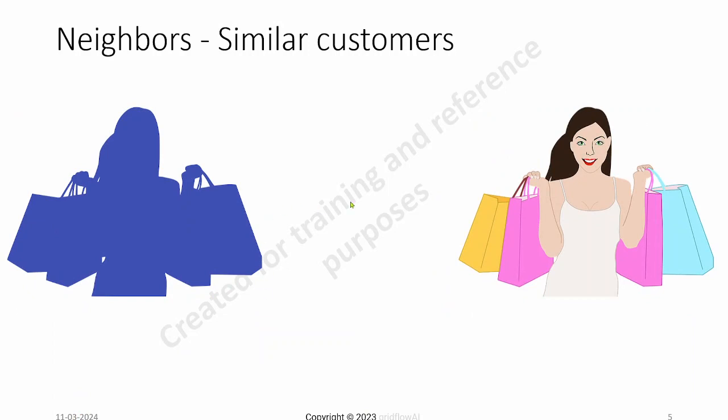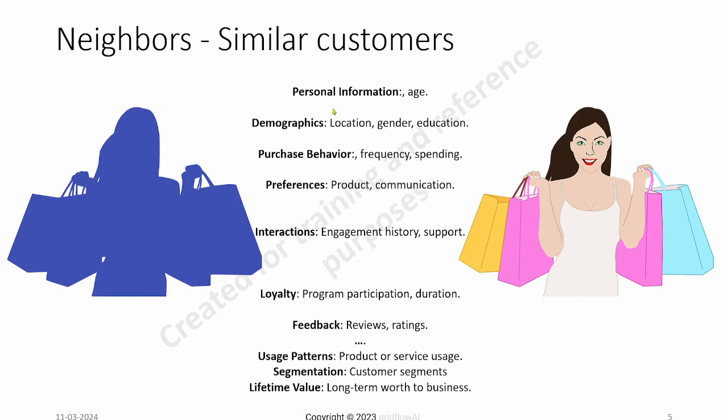So what is a neighbor? If you take a simple example, let's say there are two customers, and these customers are defined by various attributes like personal information, demographics, purchase behavior, preferences, interactions, loyalty, feedback, and so on. Depending on these variables, you might choose to assess the similarity between the customers.